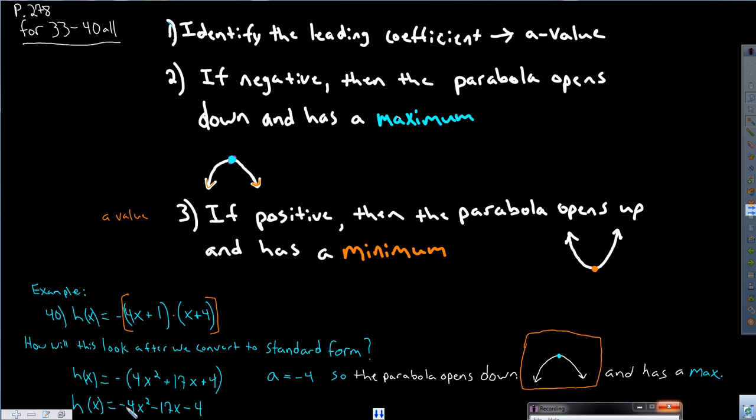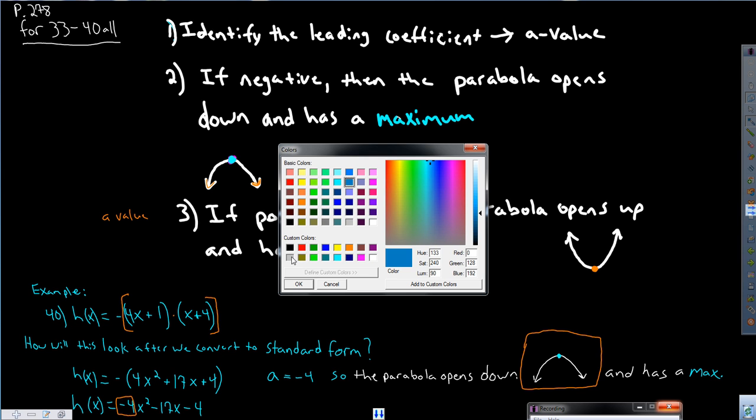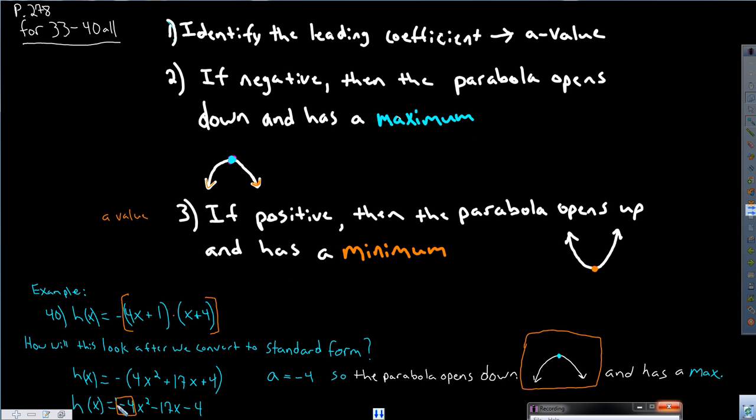Of course, when I distribute that negative, I now see that my leading coefficient is negative. Perhaps I should be drawing in that other color that I drew up here for the maximum. So I can see that the leading coefficient, that a value, is negative.